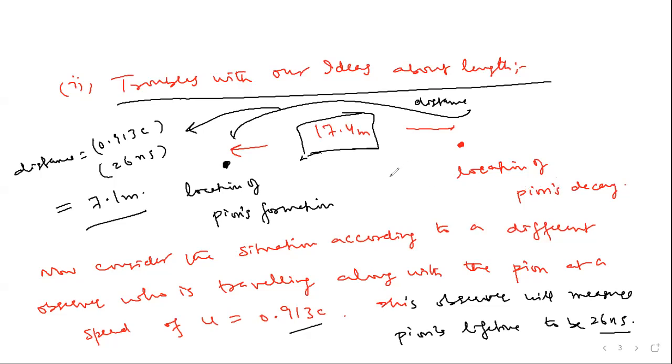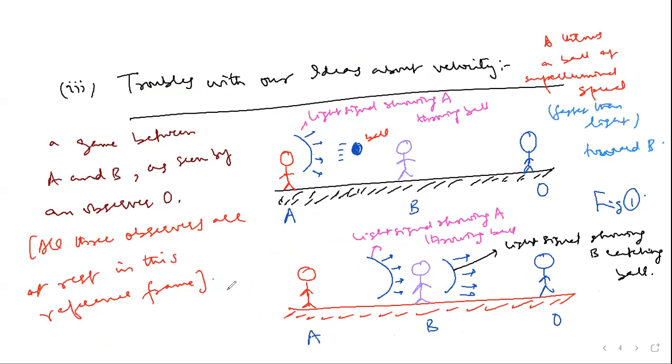That distance is measured by an observer in the laboratory to be 17.4 meters, but the observer who moves along with the pion at a speed of 0.913 c, so that the pion is at rest relative to that observer, measures the same distance to be 7.1 meters.